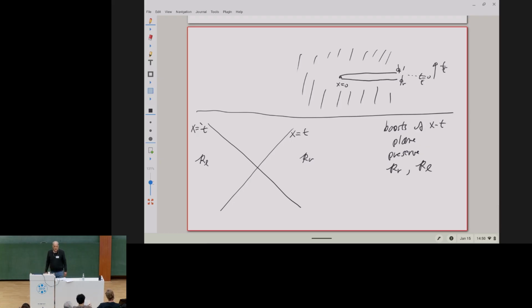And as we'll see, boosts of the Rindler space are a very important symmetry. There also are translations in the orthogonal directions that are suppressed in the picture, and rotations in those directions. They're there and they're important, but the really important symmetry of the picture is the boosts of the xt plane.